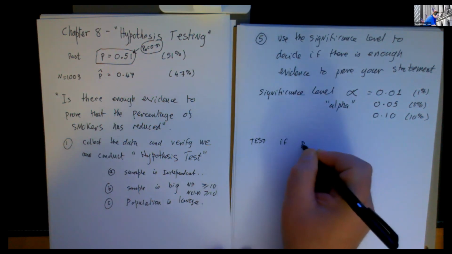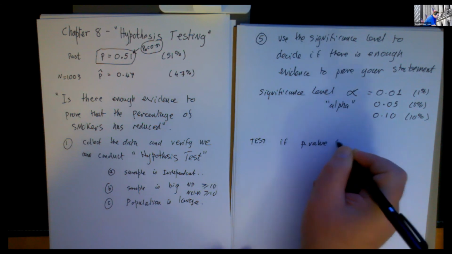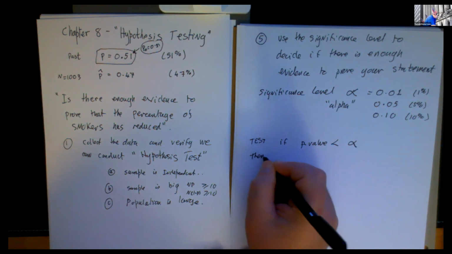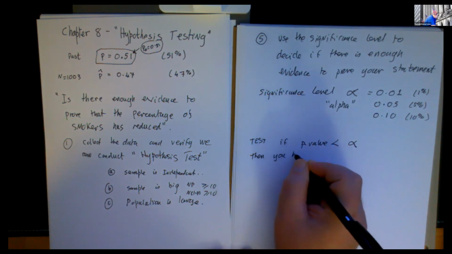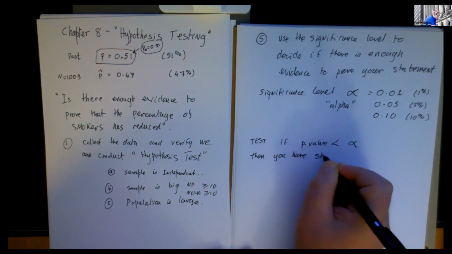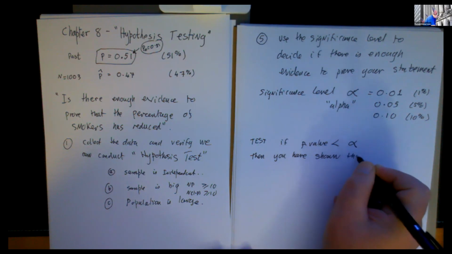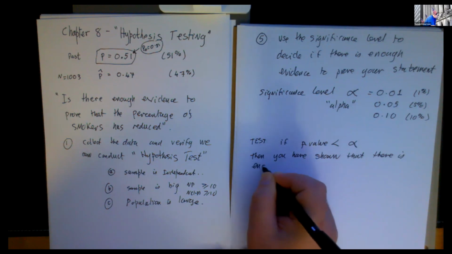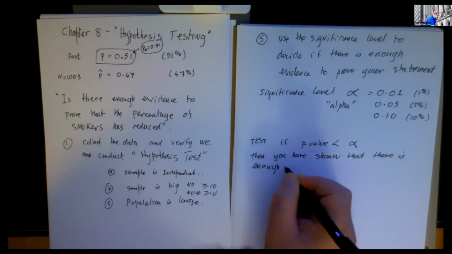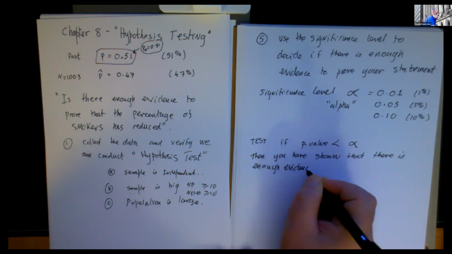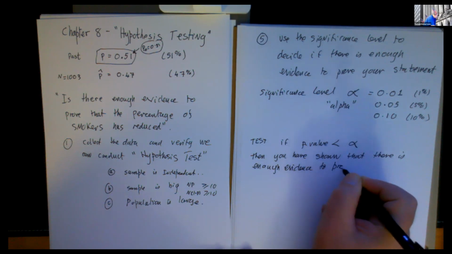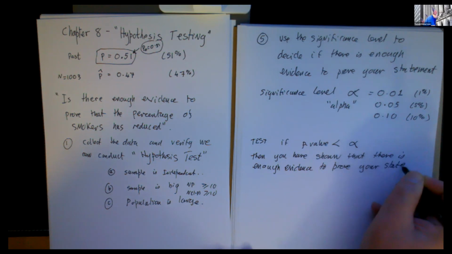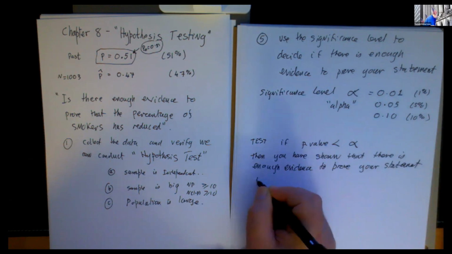If your p-value is less than the significance level alpha, then you have shown that there is enough evidence to prove your statement is true.